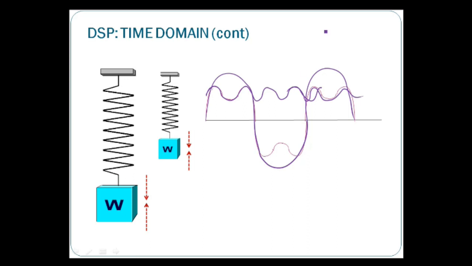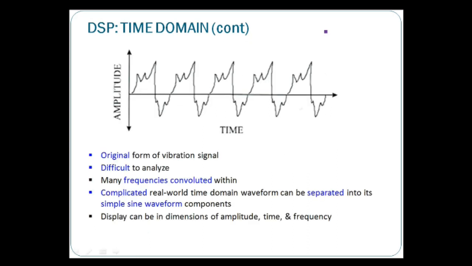So it can be split. When you split it, it can be displayed in terms of amplitude over time or amplitude over frequency. Then it is easy to analyze what type of frequency components you have in this particular complex vibration signal.